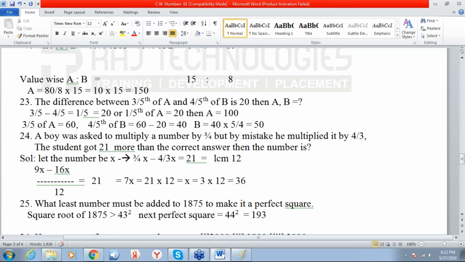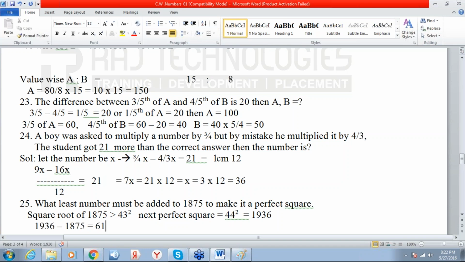Then what is the difference? 1936 minus 1875 is 61.